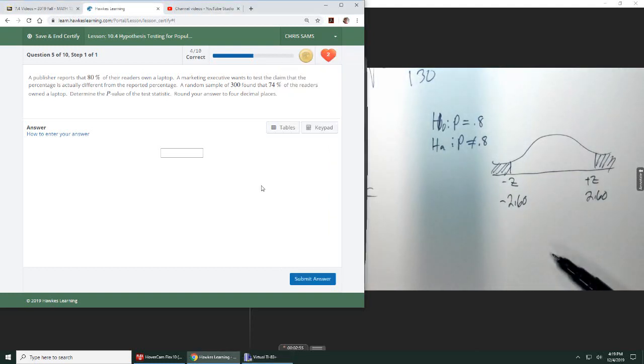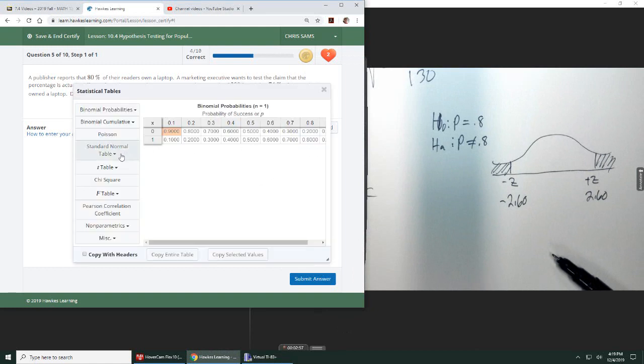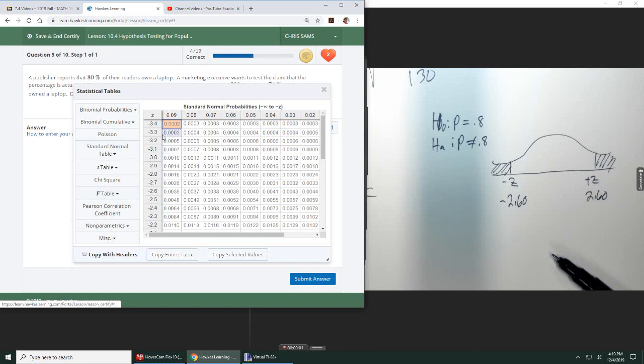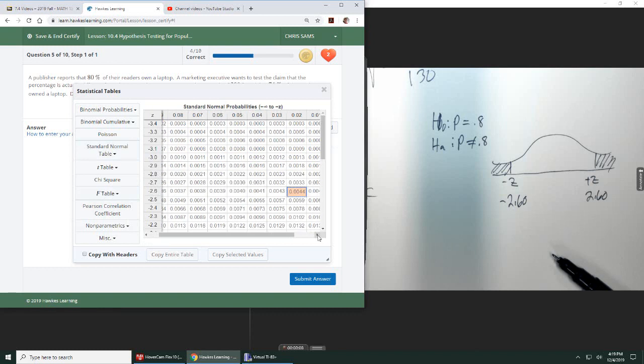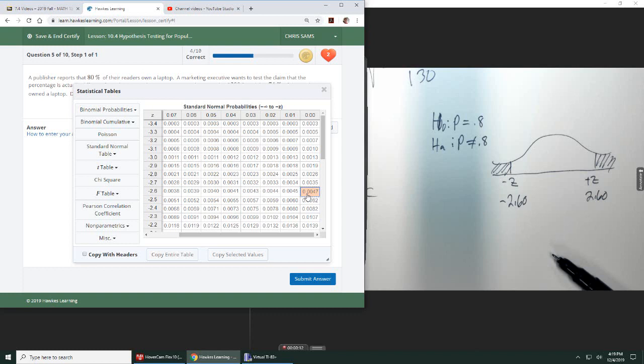We can get this from the table. We're going to go to the normal table, area to the left of negative, and we want a negative 2.60. So along this line, and just keep going over. So 2.60 right here, 0.0047.